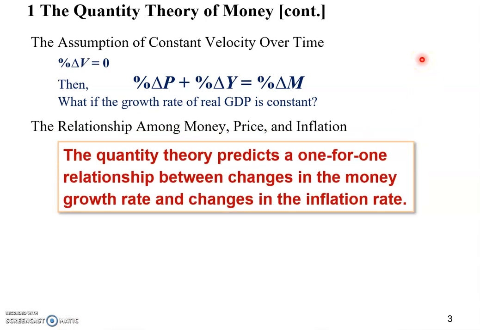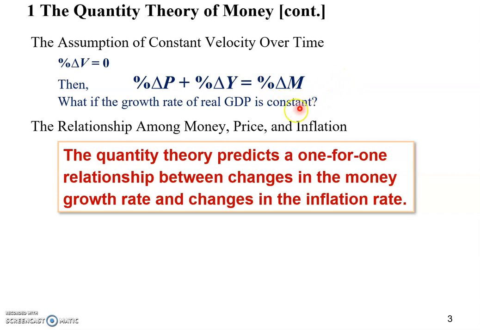And the quantity theory predicts a one-for-one relationship between the change in the money growth rate and the change in the inflation rate. So here in the equation, again, the percentage change in the overall price level, that is the inflation rate. On the right-hand side, the percentage change in money supply, that's the growth rate of money.